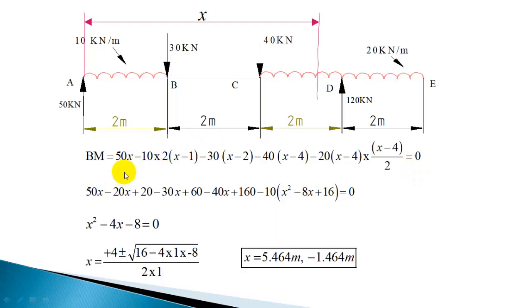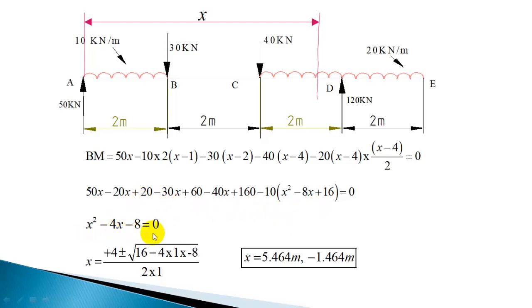You can reduce this: 50x minus 20x plus 20 minus 30x plus 60 minus 40x plus 160 minus 10 into x minus 4 square, that is x minus 4 into x square minus 8x plus 16. Now if you reduce this, after dividing by 10, you will get x square minus 4x minus 8 is equal to 0.